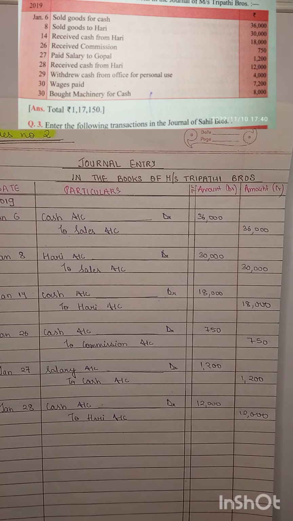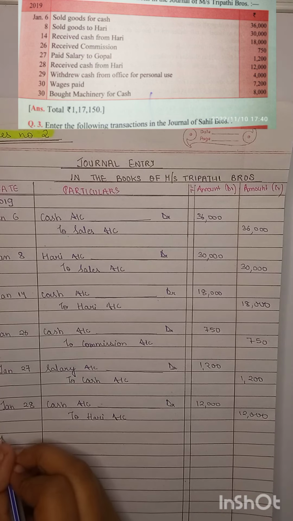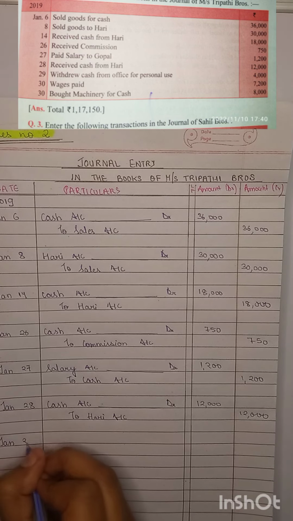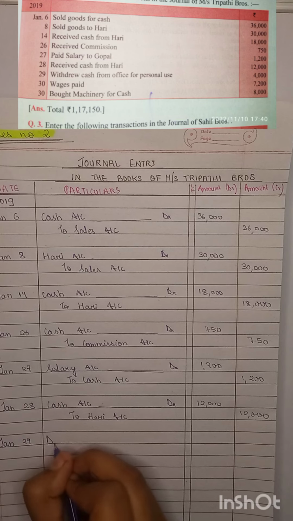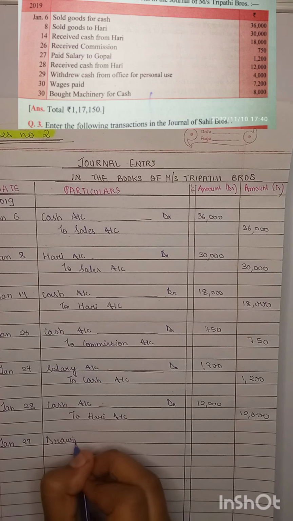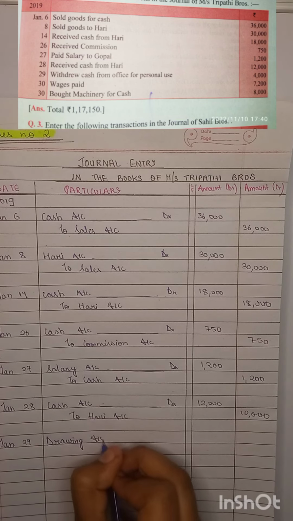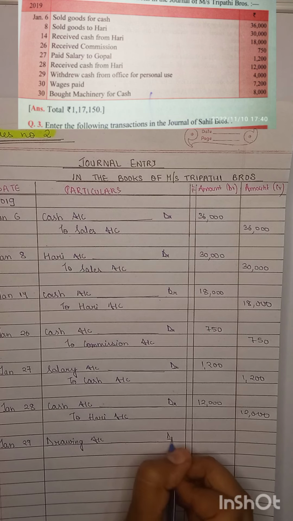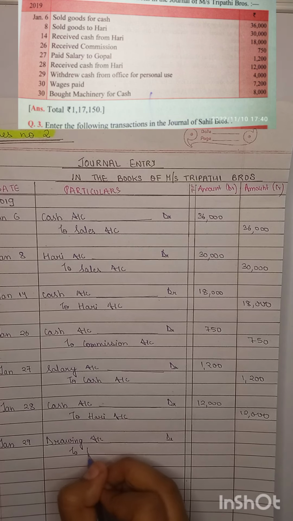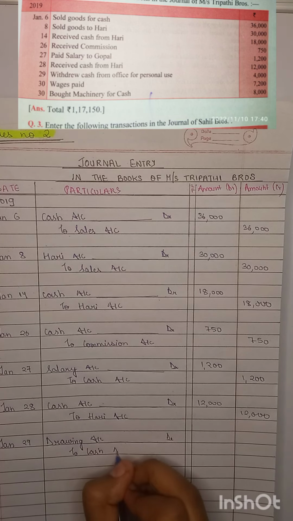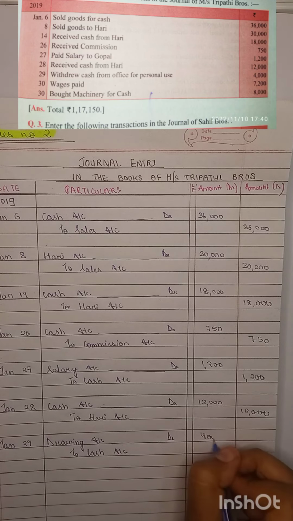Whenever we withdraw any amount from the office for our personal use, it is always treated as drawing, and we always debit drawing account. Our entry will be drawing account debit to cash account. Rupees 4,000.